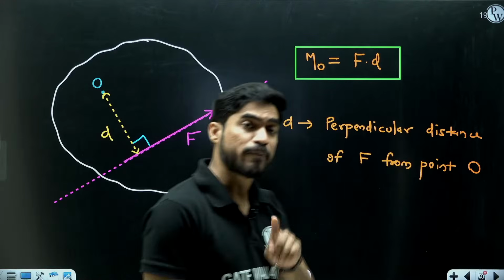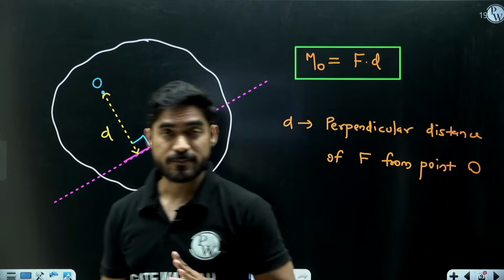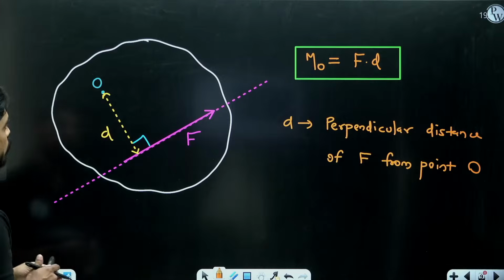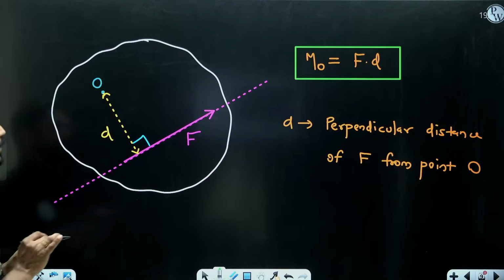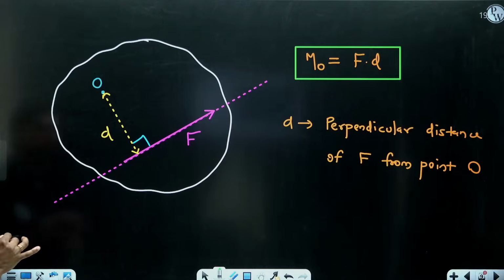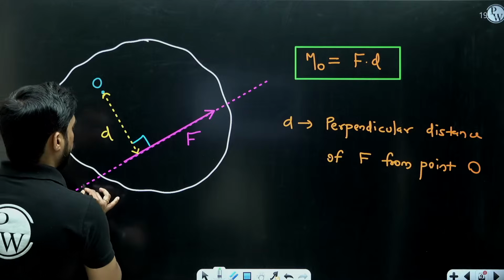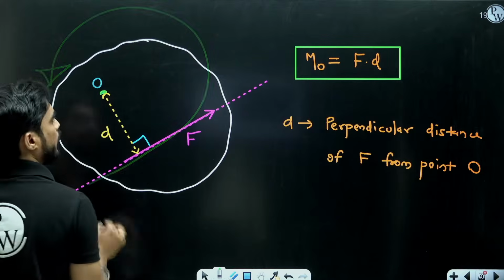Now this moment can be clockwise or anti-clockwise. Right now, if I ask you what is the direction of this moment, whether it is clockwise or anti-clockwise, then what will you say? The force is applying an anti-clockwise moment about point O, right?